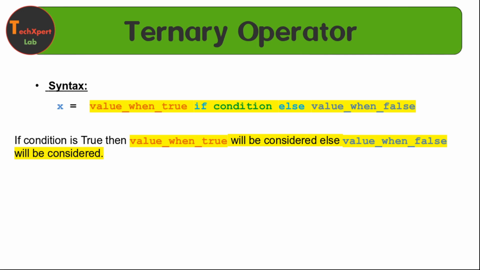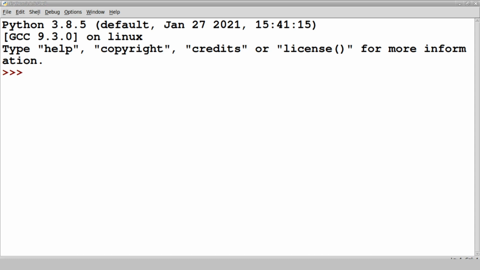So first, let's see the simple method to use ternary operators. Let's use two variables a and b with values 10 and 20. So now a is 10 and b is 20.